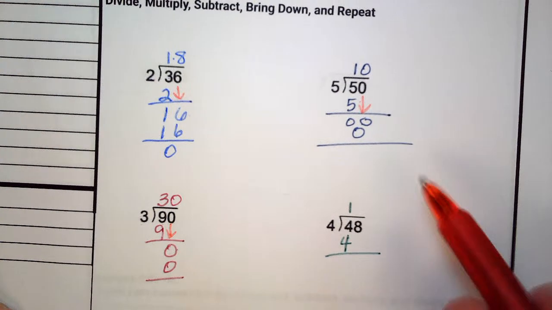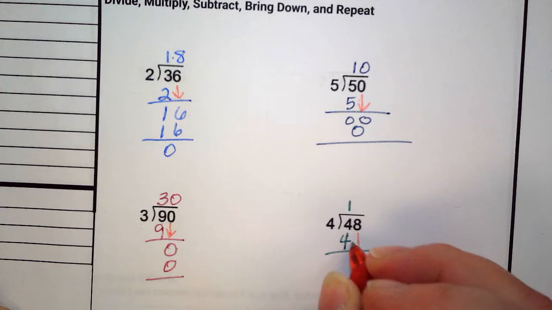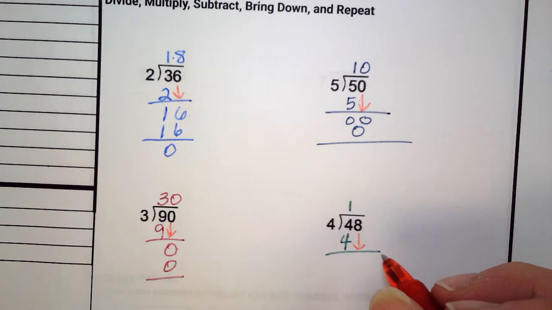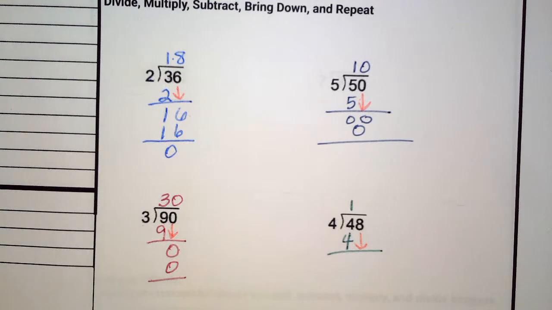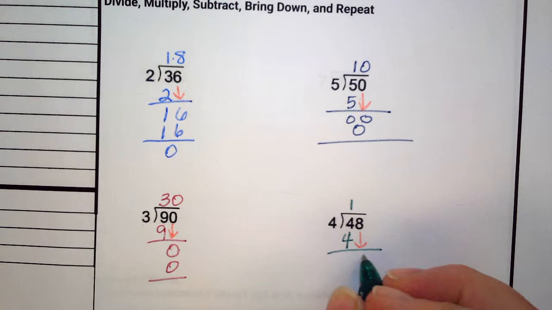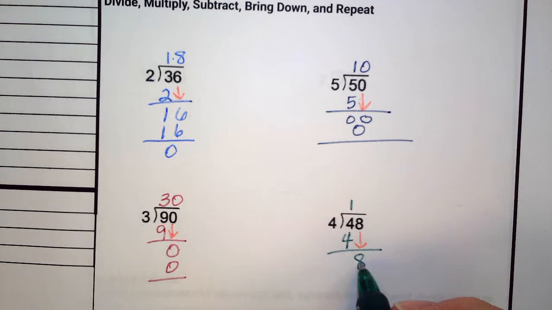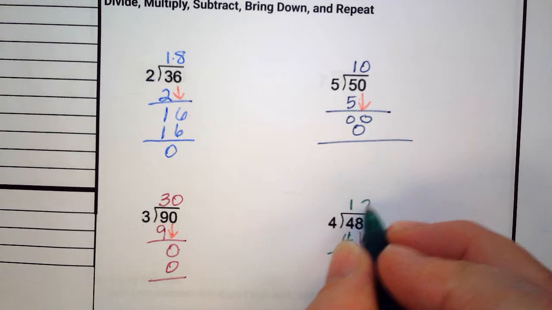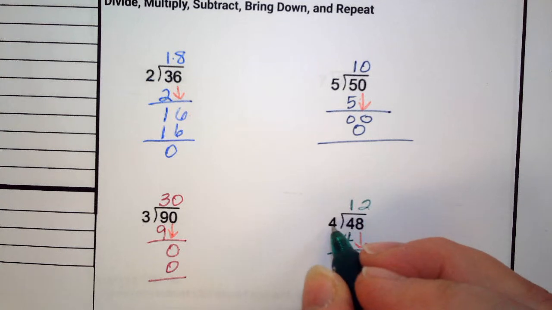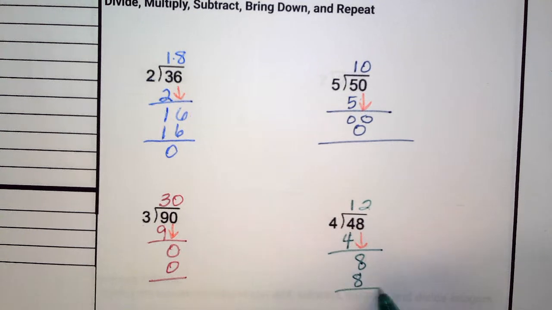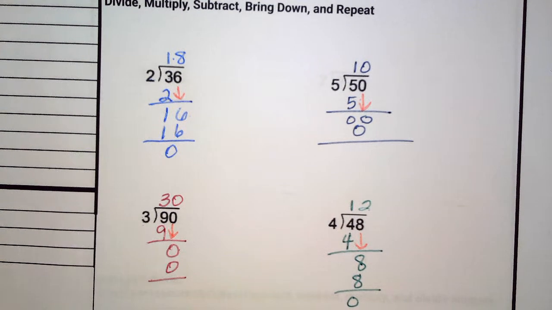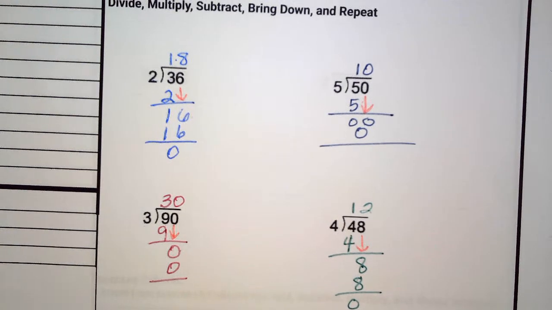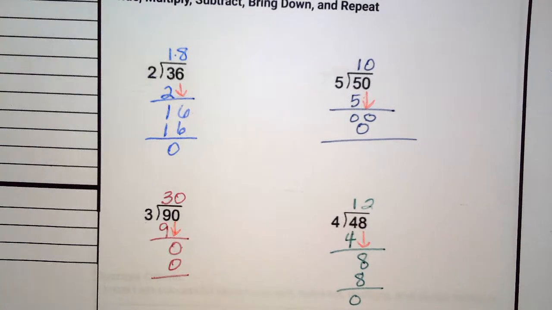I do have to bring down the 8 though. Now I divide again. 8 divided by 4 is 2. 2 times 4 is 8. Subtract. I've got 0 and I'm done. 48 divided by 4 is 12. So that's how you do it with 2-digit numbers.